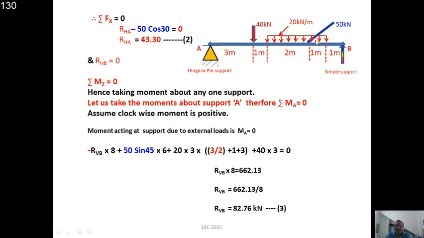For the inclined load, a horizontal component is coming, 50 cos 30. The inclined load will act as a horizontal component, in the negative direction, and this one is in the positive direction. Therefore, RHA equals 50 cos 30, 43.3. Right? So this is the way to solve.